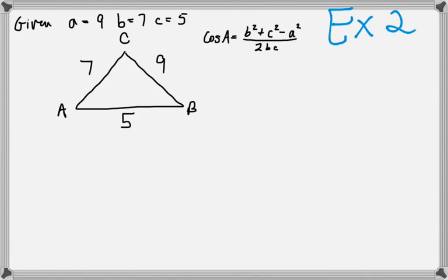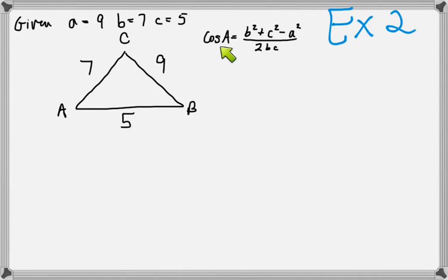If you think about how to learn this particular formula, you've got A, B, and C squared all on the top, but one of them is being subtracted. The way that you remember that is whatever the cosine angle is, you're going to be subtracting that same letter, as a side length, on the top. So since it's cosine A, it's going to be B squared plus C squared minus A squared.